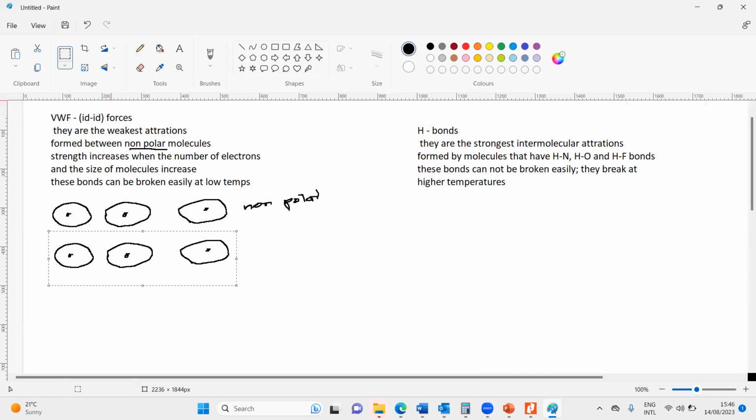When electrons move here and there, if the electron concentration gets higher to the right-hand side, this red line shows how electron density is arranged now because of electron movement. Don't ask me why electrons move in this way. Electrons have energy, so they move.